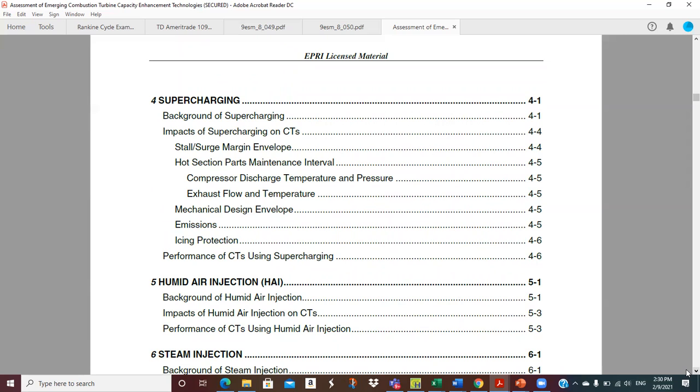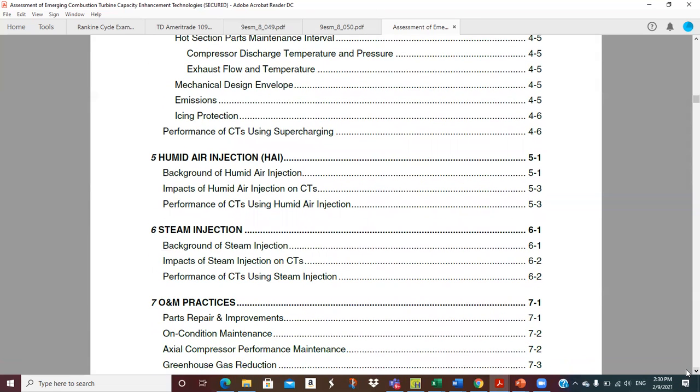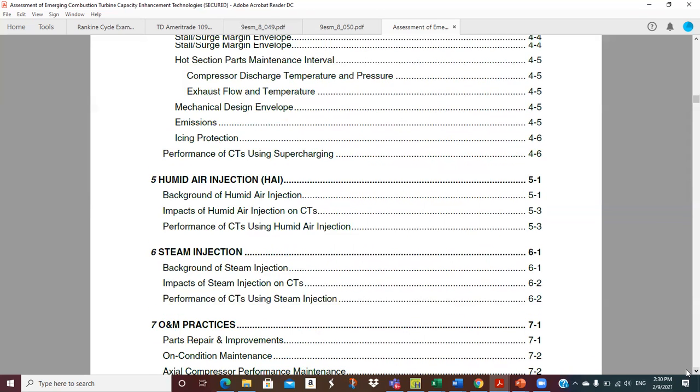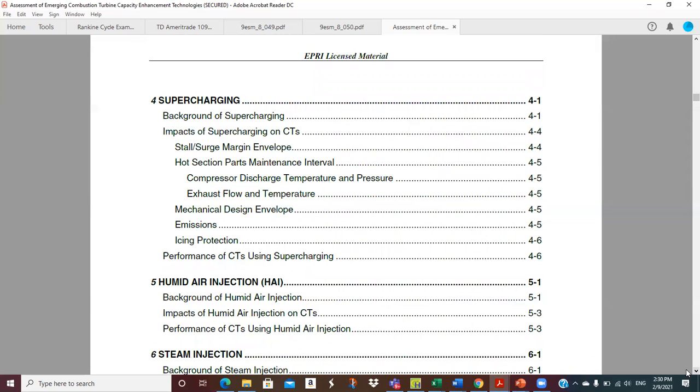Supercharging. Wonder what that is. Humid air injection. Wonder what that is. Steam injection. Okay, so we have chapters 2 through 6 here.